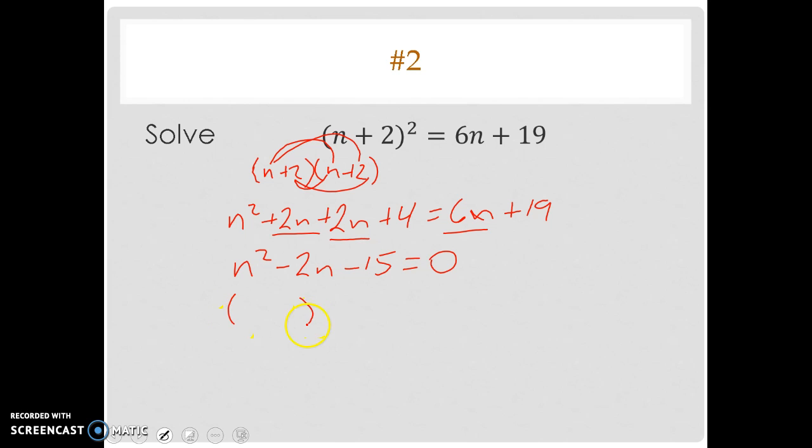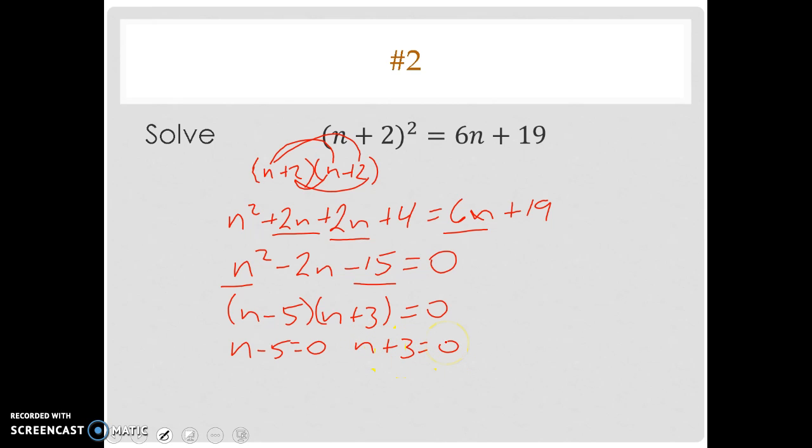And so then I'm going to factor this. I'll have n times n equals n squared. And if I have a negative 5 and a positive 3, that's going to multiply together to give me negative 15, but it's going to give me a middle term of negative 2n. So then either n minus 5 is 0 or n plus 3 is 0.